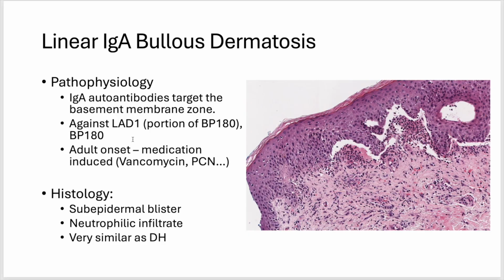That will lead to subepidermal blister. On histology, it looks very similar to dermatitis herpetiformis. If you remember, that can have dense microabscesses composed of neutrophils. So you will see this subepidermal blister with neutrophilic infiltrate, often clustered at the dermal papillae.